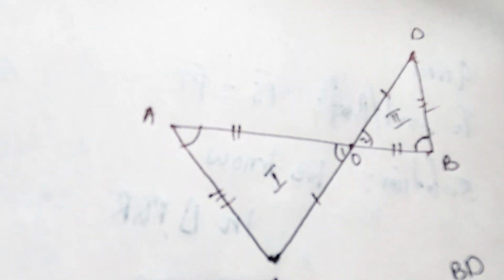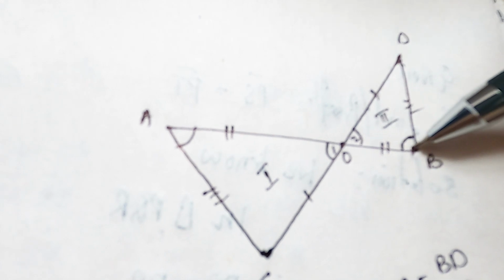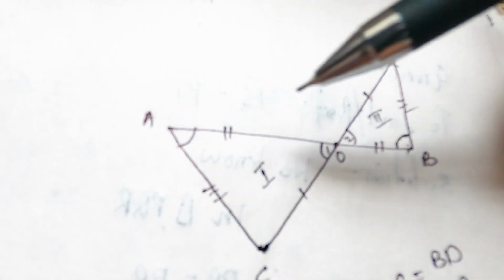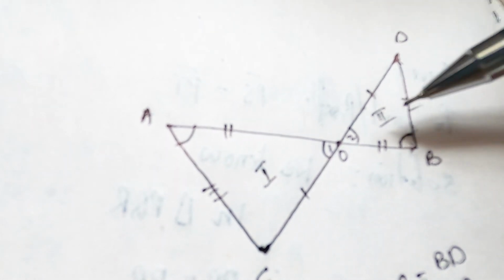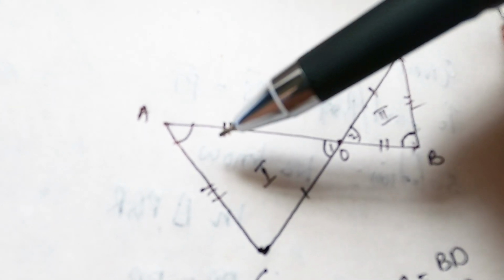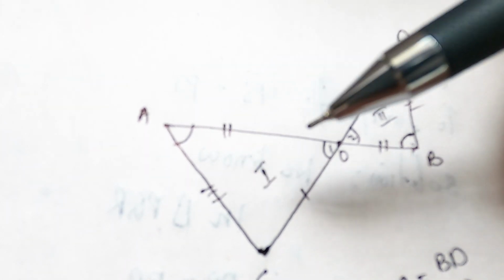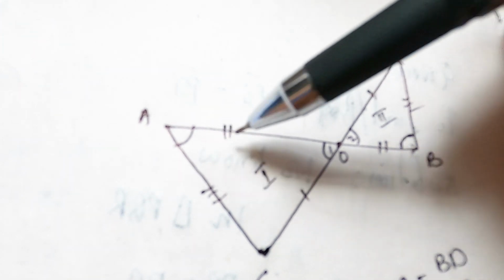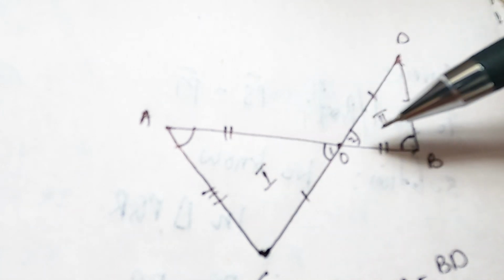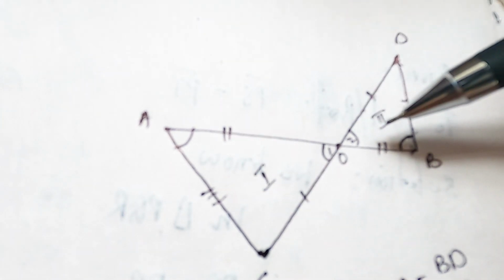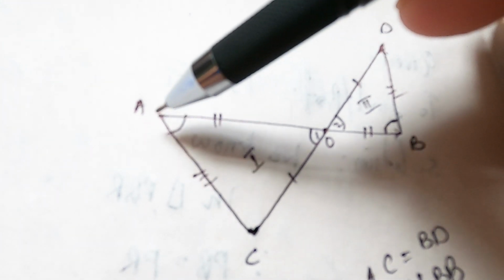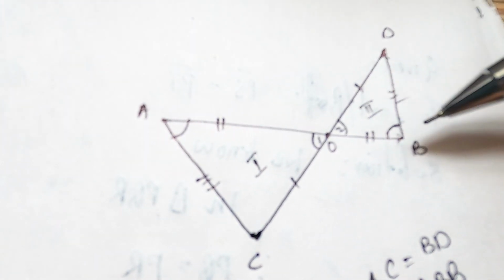And we can also say that BAC is equal to ABD, because they are the same angle. And what pair of angles do angle A and angle B form? They form alternate interior angles. So if they form alternate interior angles, it simply means that AC is parallel to DB.